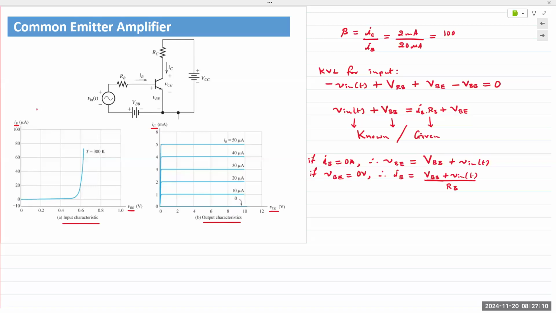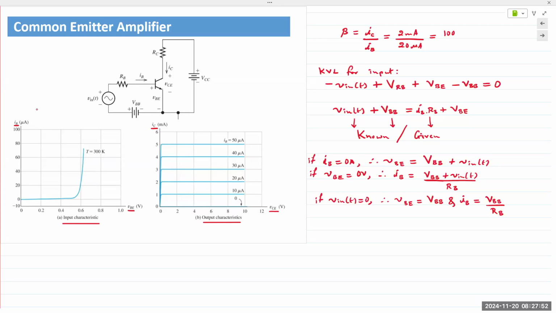Then VBE is simply VBB, and IB is simply VBB over RB. So that gives us our Q point solely due to the DC biasing voltages VCC and VBB.